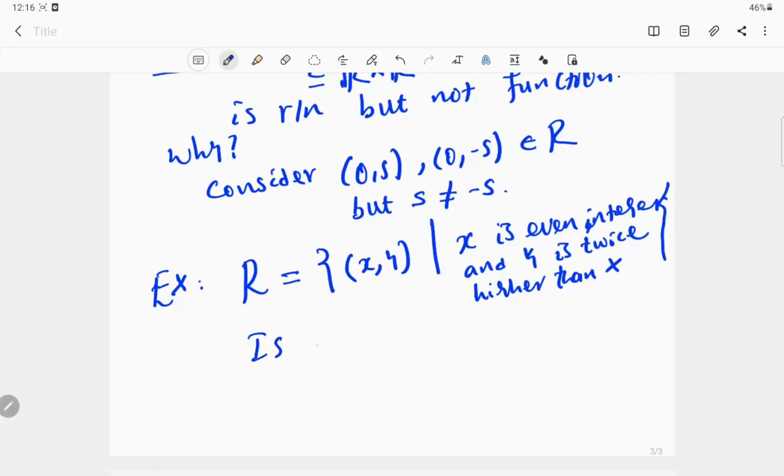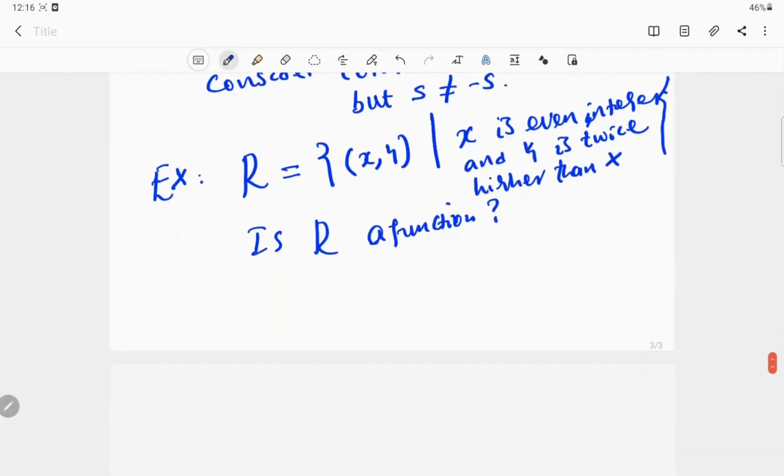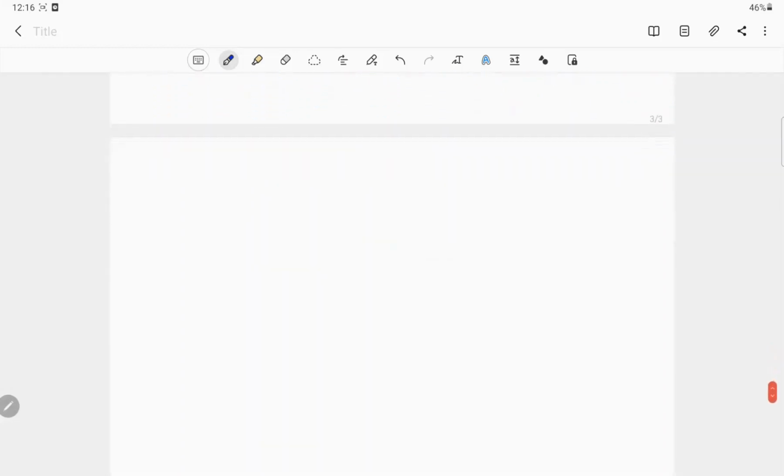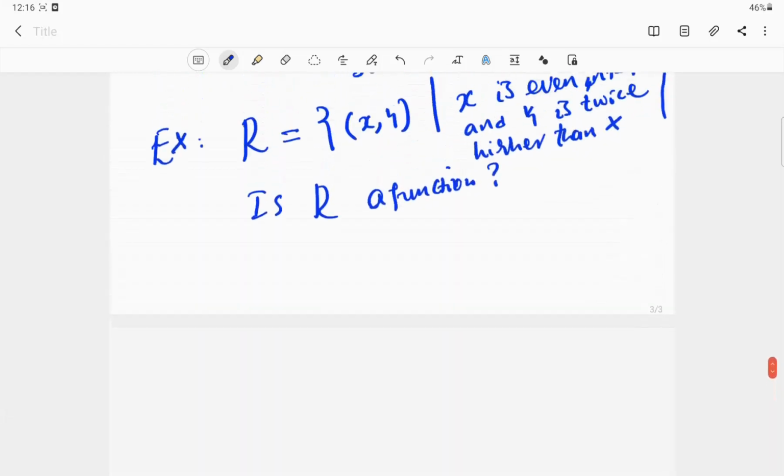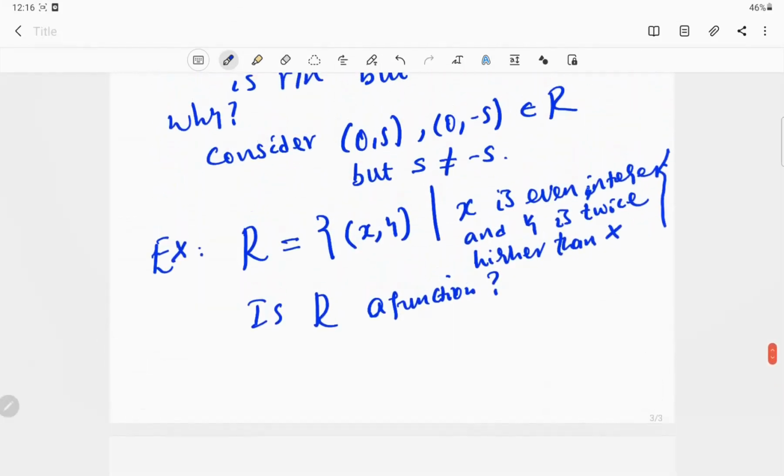So is R a function? Here x and y are from Z, the set of integers, Z squared.